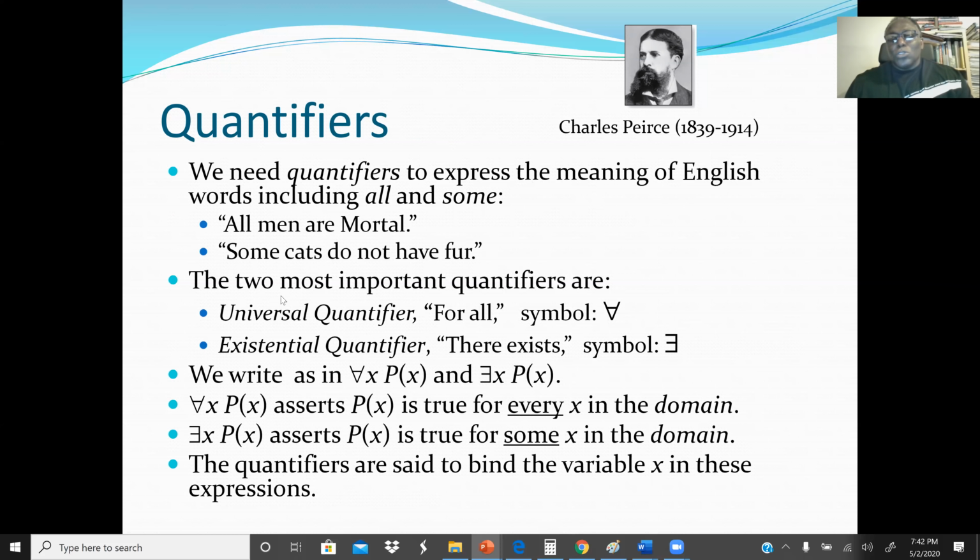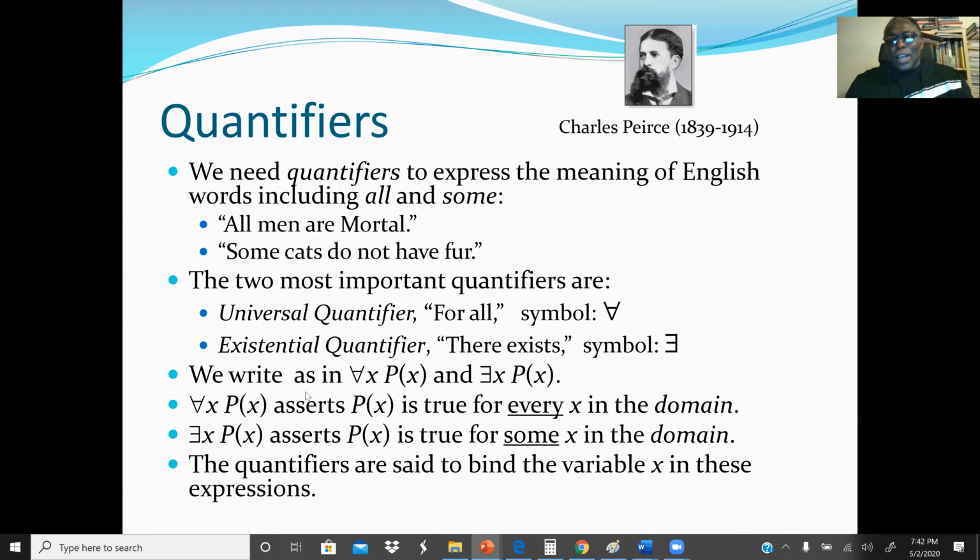The two most important quantifiers are the universal quantifier, which is for all. The symbol is the upside down A. So this symbol represents all. The existential quantifier is some. There exists, not all, maybe some out of the population. We have some. And that's the symbol also.